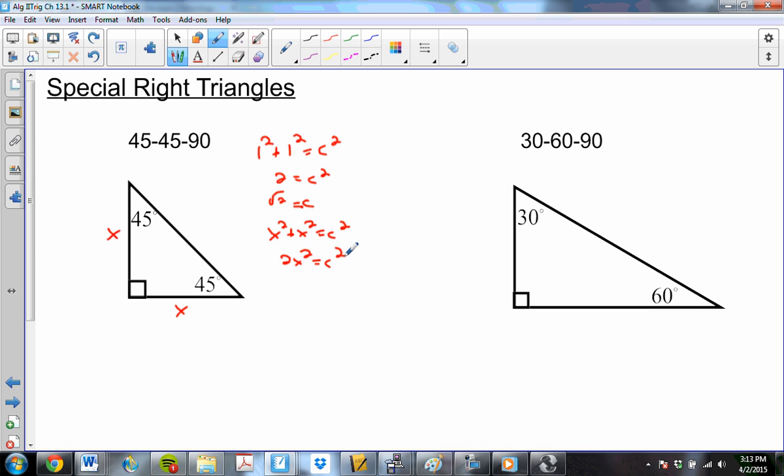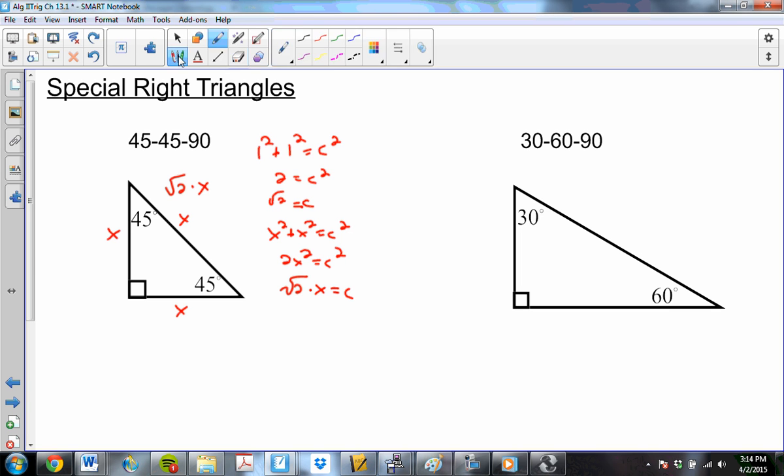Square root both sides, and you get root 2 times x equals c. So this length here is really root 2 times x. I think I'll leave it like that for now.